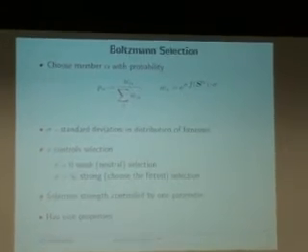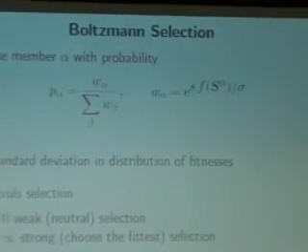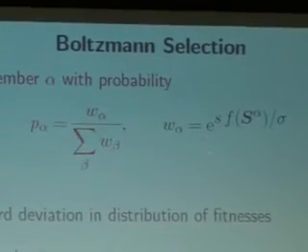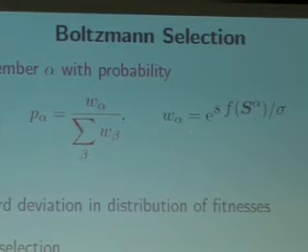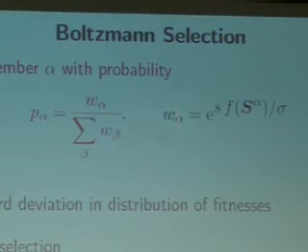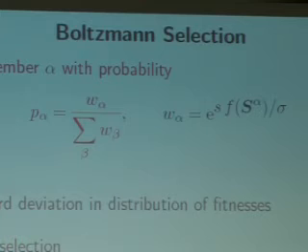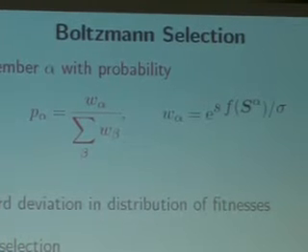My favourite, and I'm biased, is something called Boltzmann selection, where you weight the members of the population according to your cost function, multiply by some control parameter, and then divide by the standard deviation of the distribution. The point of doing that is that you get this affine invariance.